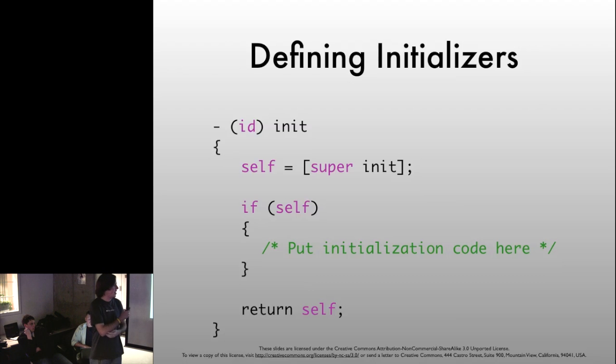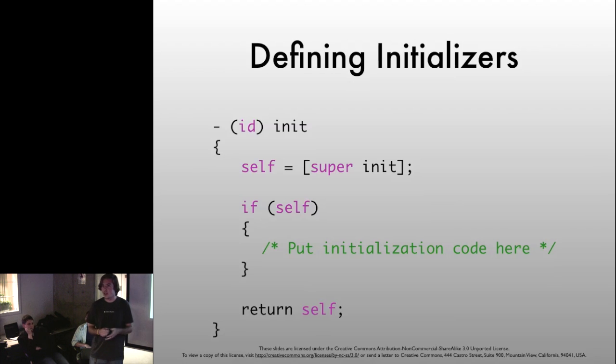That's why we protect any custom initialization inside of this if-self block. You can do it without this, at your own risk. It's very, very rare that initialization is going to come back nil, but it's worth having the check for. So the idea is you initialize yourself as your parent, then as long as you've been initialized correctly, you initialize your state, and then you return yourself.